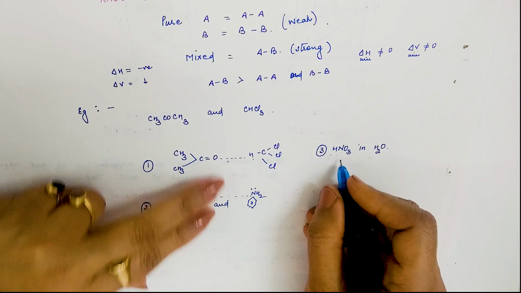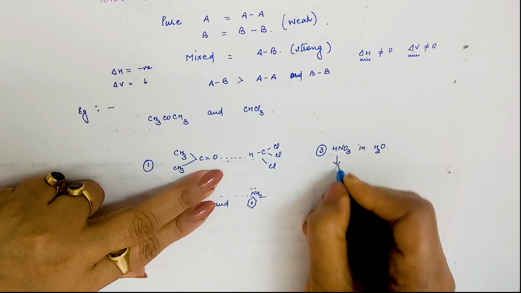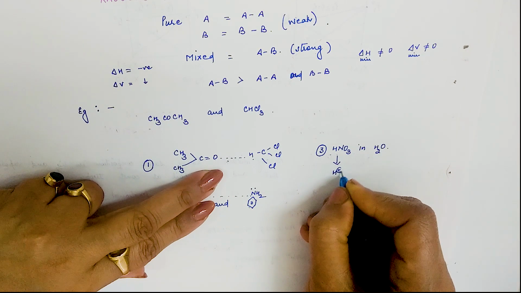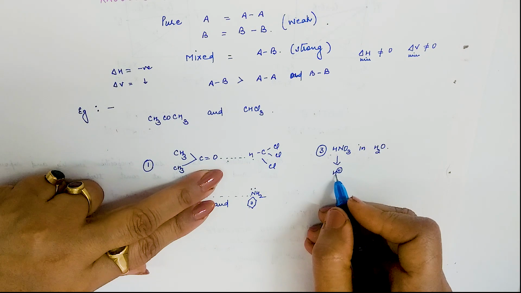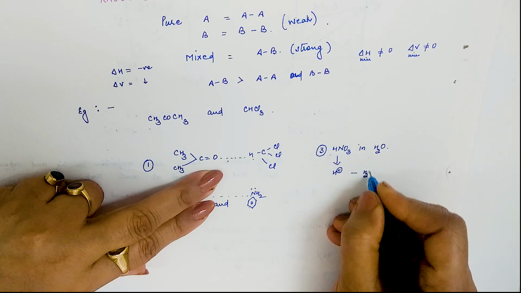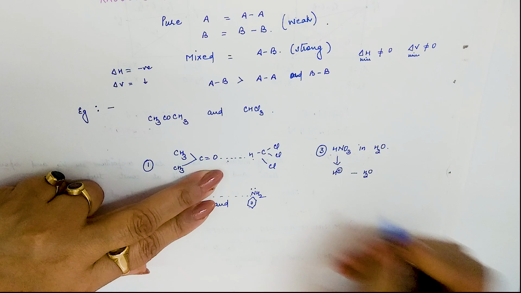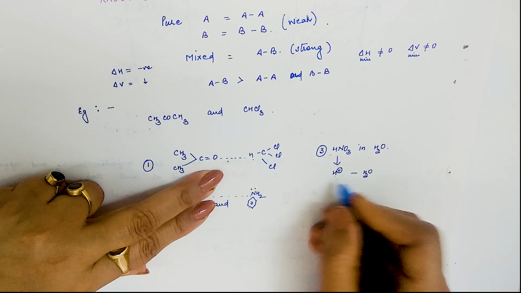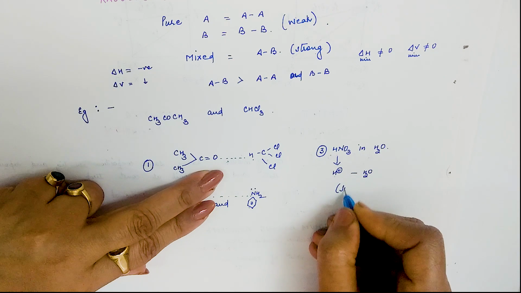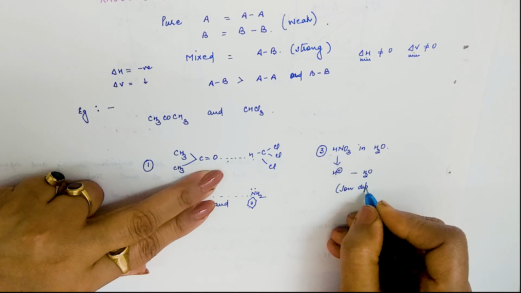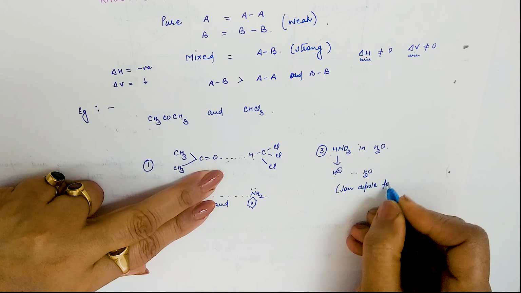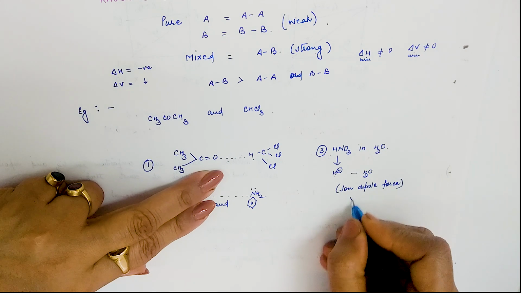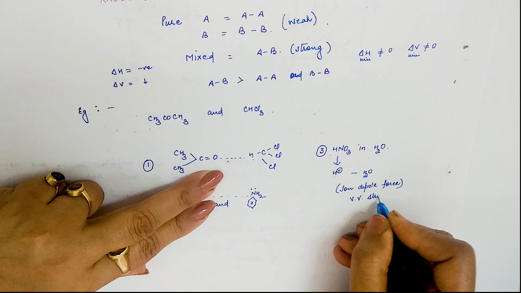So when this HNO3 is dissolved in water, it gives out H positive ion. When it gives this H positive ion in water, water is a dipole. So this is an ion and this is a dipole. So this ion-dipole force is very, very strong.